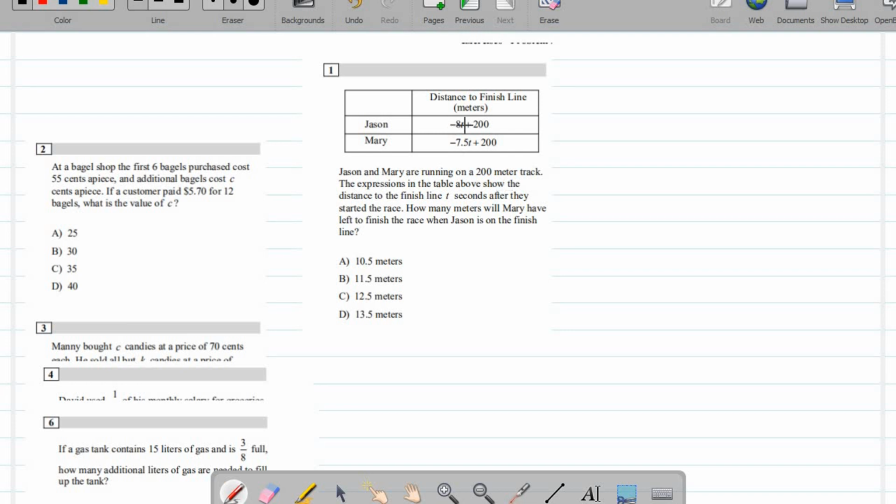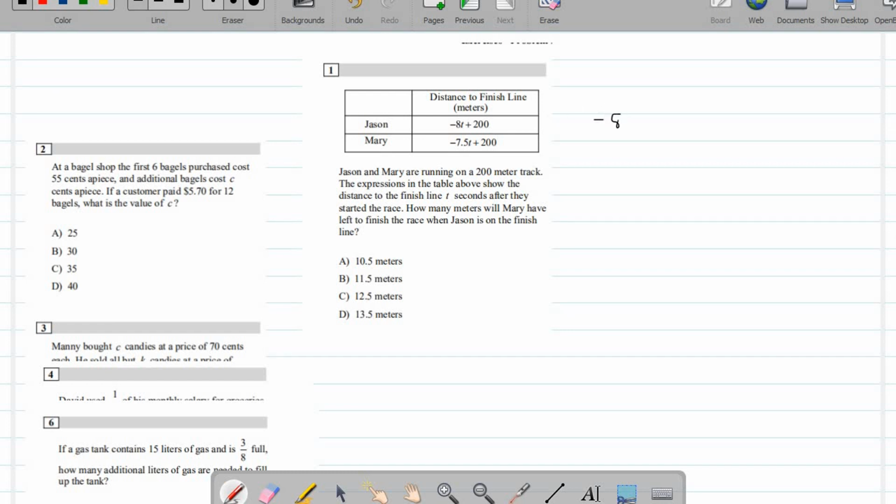So here you see minus 8t plus 200. That means Jason will be on the 200 mark, which is minus 200 plus 200 to give you 0. That means he's done with the race.